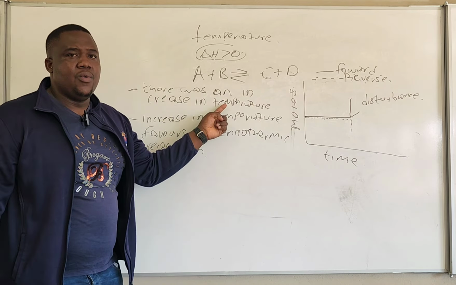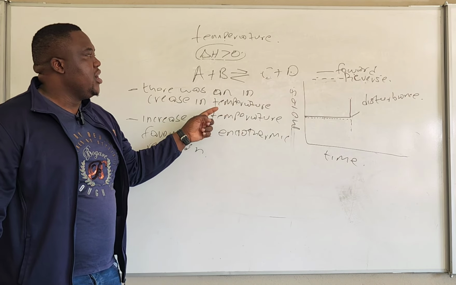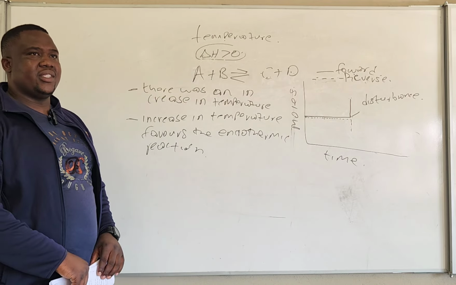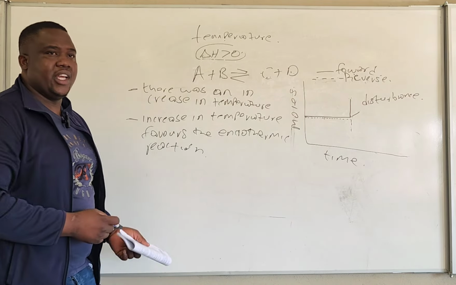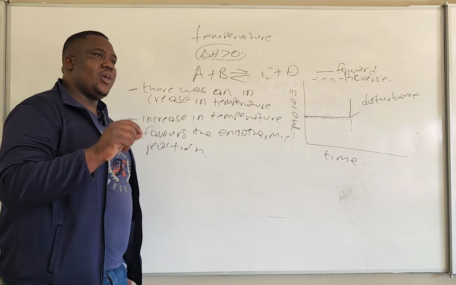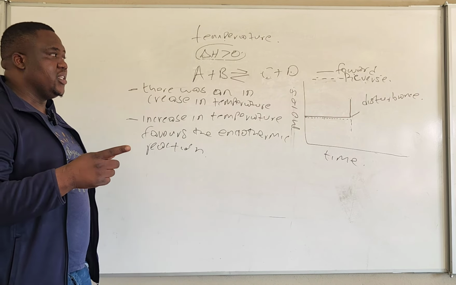And between these two, which one is the endothermic reaction? The endothermic reaction is the formation of C and D. You understand? So we are using Le Chatelier's principle. We are saying that a reaction that is going to oppose the disturbance is favored.